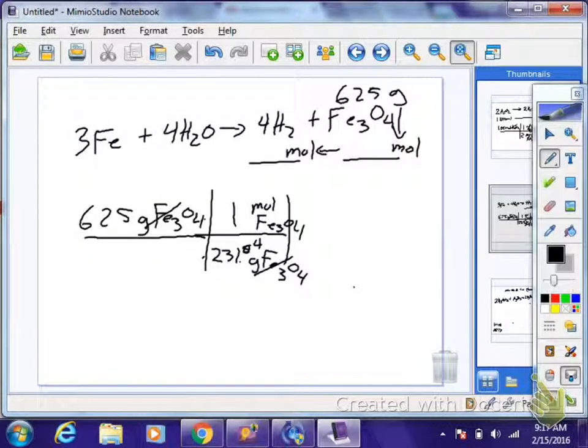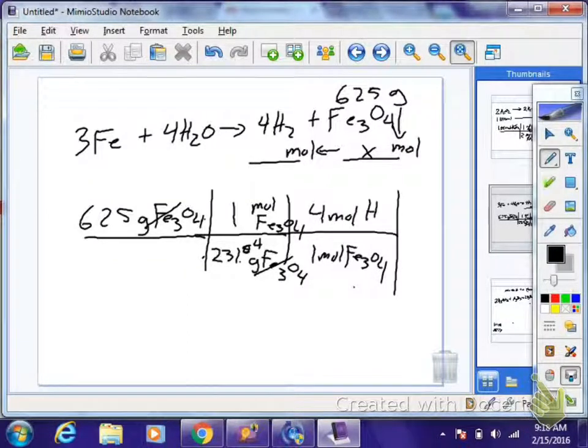So now I'm here. We're at moles of Fe3O4, and now I just have to do a mole-to-mole problem. So then I'm going to put, for every 1 mole of Fe3O4, I have 4 moles of H2. Questions?